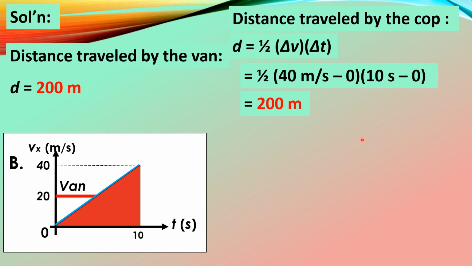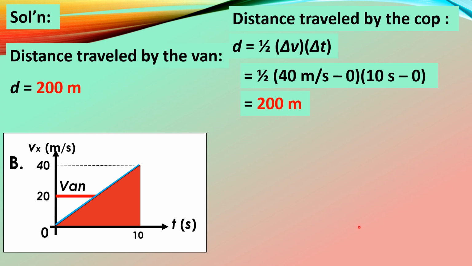So therefore, this means that the motorcycle cop has already caught up with the van at exactly 10 seconds, because their displacements are both equal to positive 200 meters.